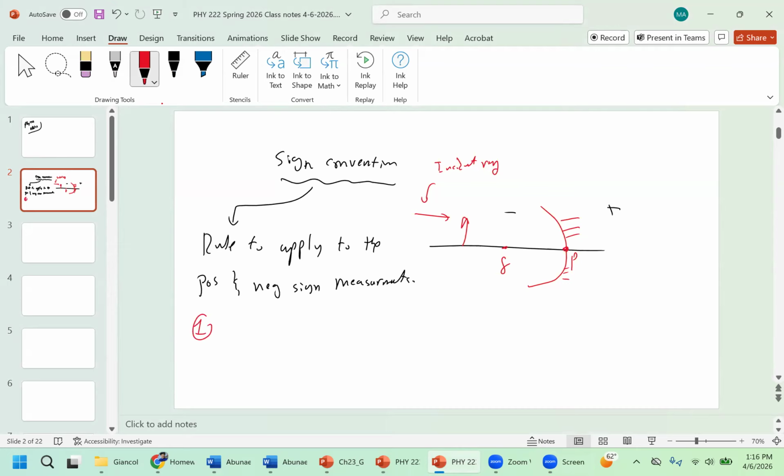Number one, and actually, let me go ahead and do it on the other page.